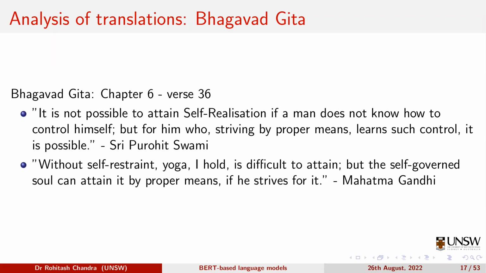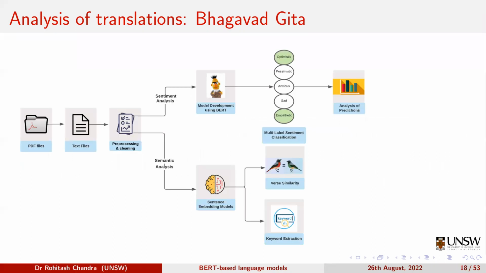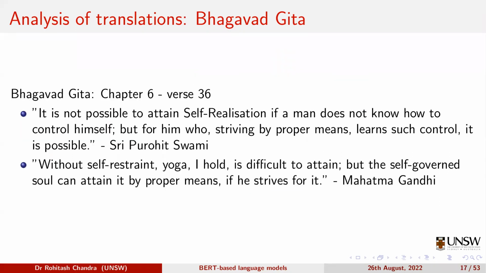Without self-restrained yoga, it is difficult to attain, but the self-governed soul can attain it by proper means if he strives for it. Mahatma Gandhi ji. So you can see the words are quite different, but the meaning is somewhat similar.